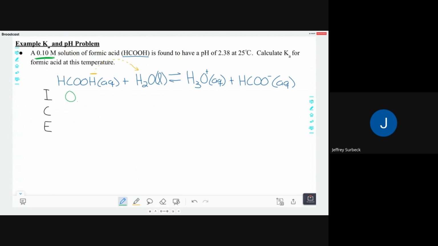So 0.10 big M. It doesn't really matter that we have H2O or not, because we're not going to include it in our big K expression, so I skip it. And I don't mention anything about H3O+ or HCOO minus, so we can assume that these are going to start out as 0.